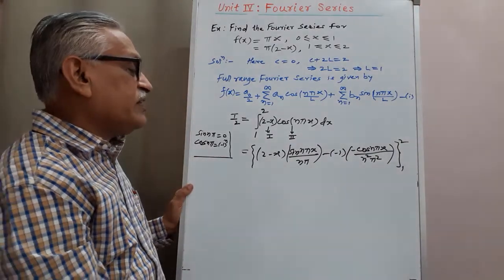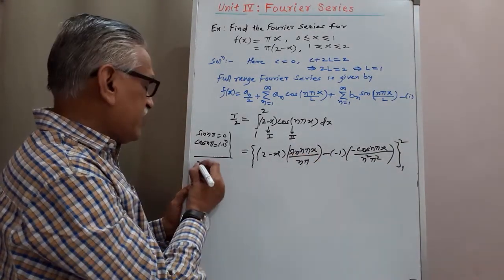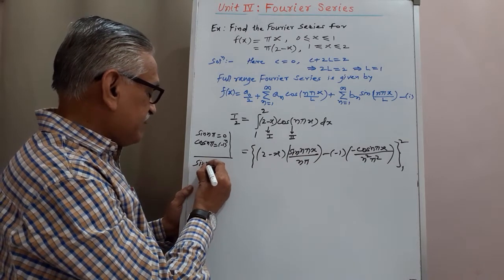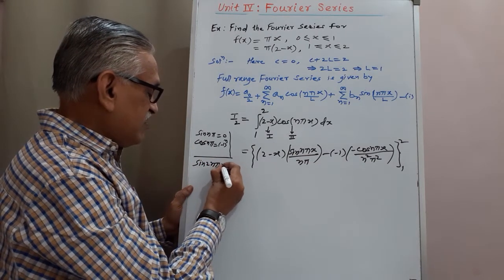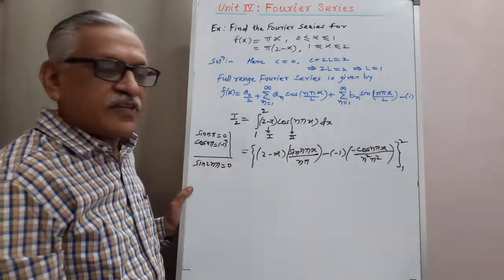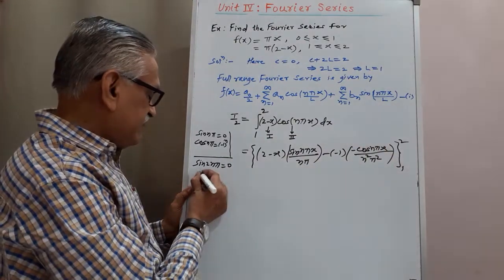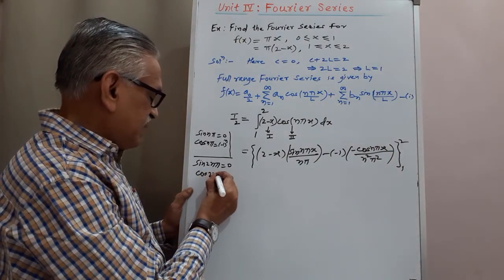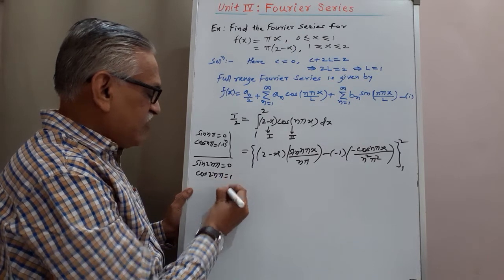Substituting the upper and lower limits, for the upper limit it becomes sin 2n pi, which is 0, and cos 2n pi as 1.